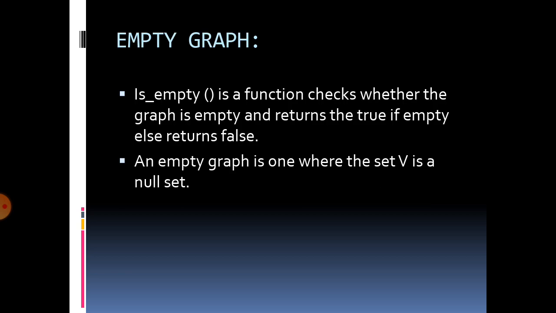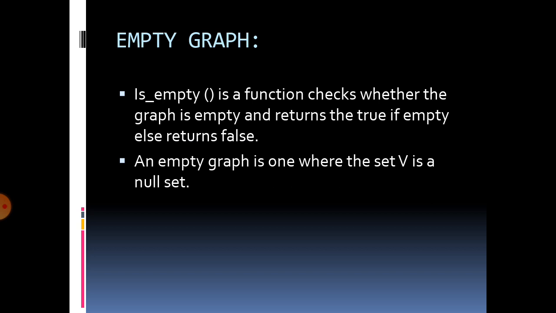Next, is the graph empty. We are checking whether E is an empty graph. So isEmpty is a function, one of the last functions of the graph ADT. Suppose at first we have created an empty graph, with no vertices and no edges. So the total number of vertices and edges is 0, a null set.